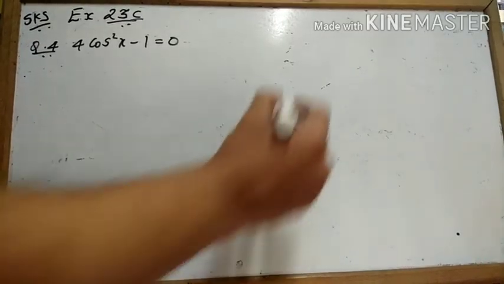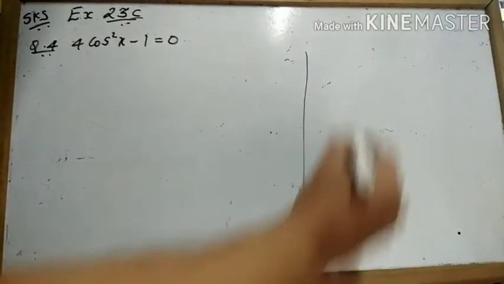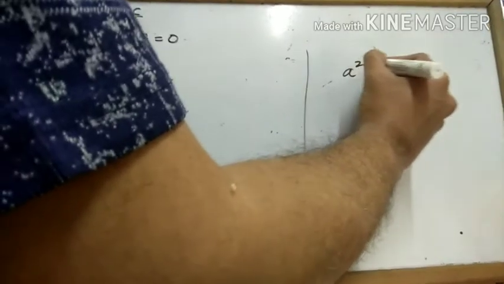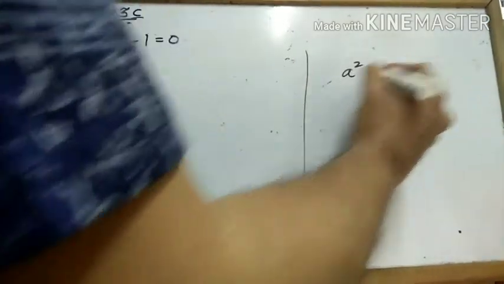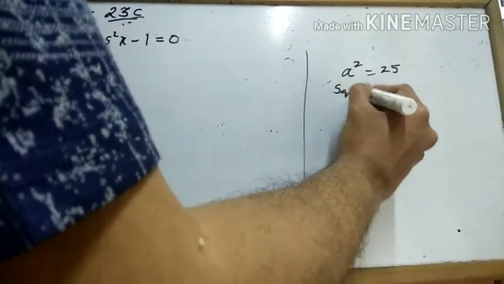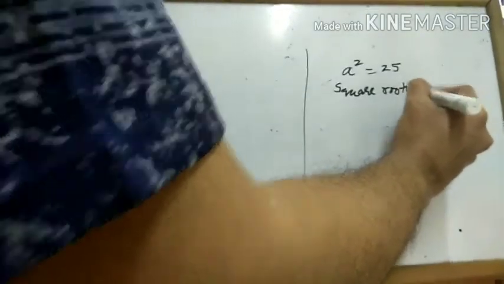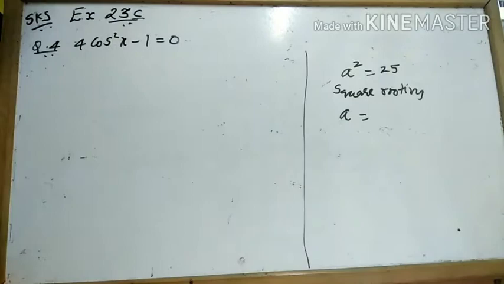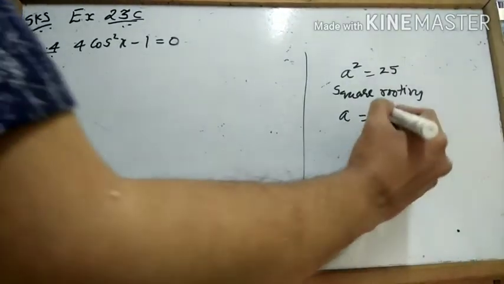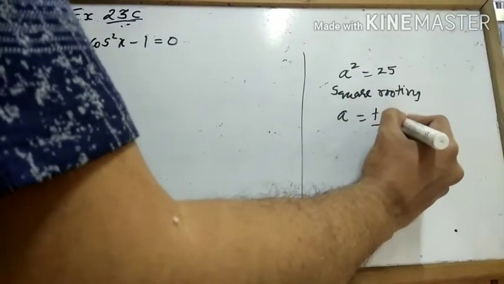But prior to that, I would just like to remind you that if a square is, say for example 25, and if I take square root on both sides, then in algebra a value will be either positive or negative 5.